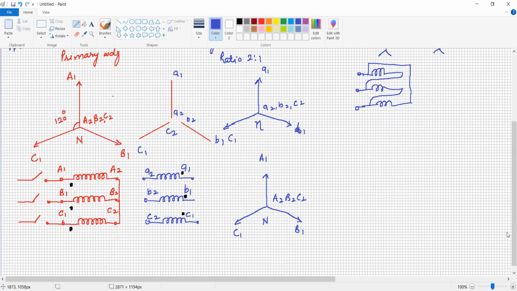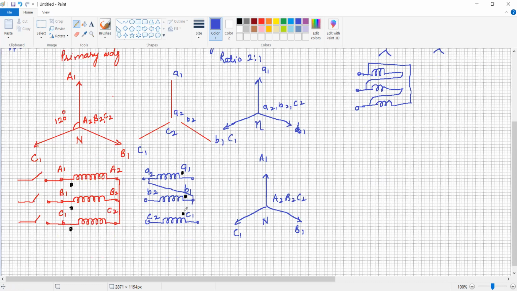Now, we are deliberately giving the wrong connection. The wrong connection is like that. Say, winding is connected in such a way that this A2 is connected to B1. A2 is connected to B1. Okay.